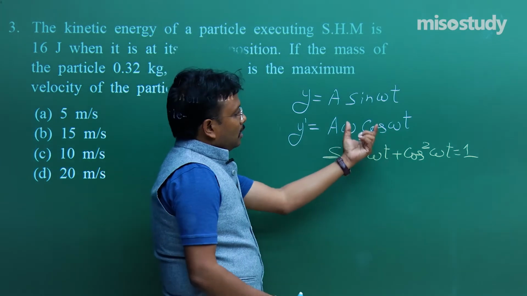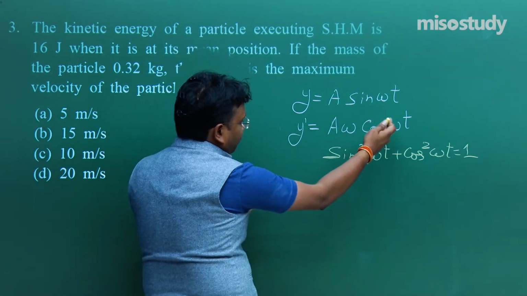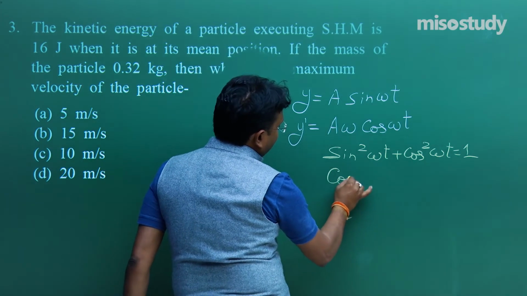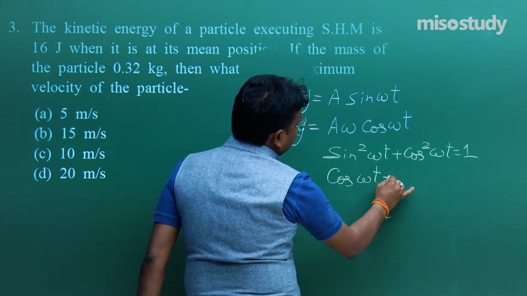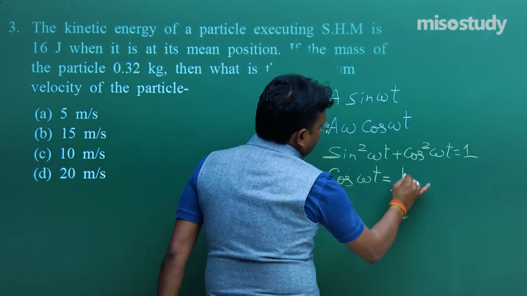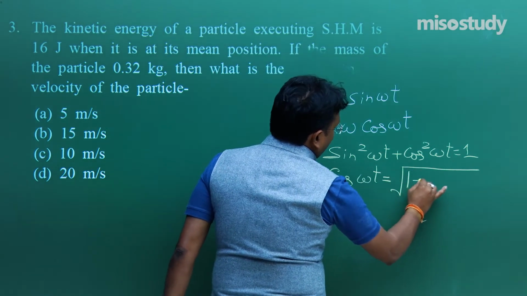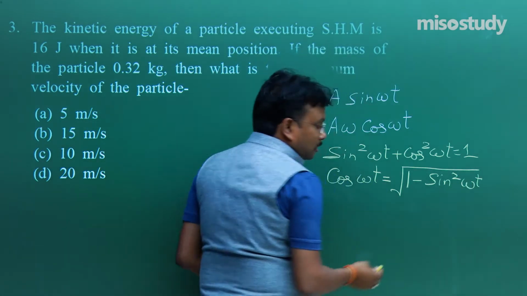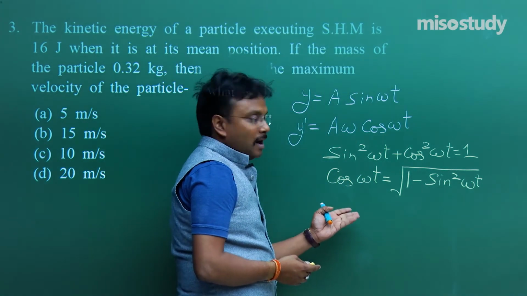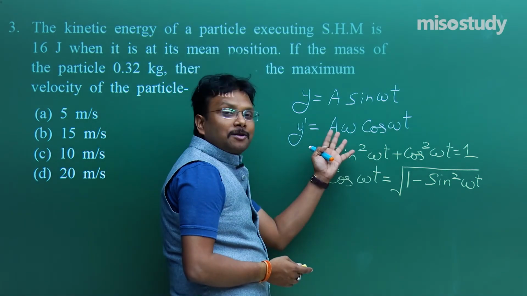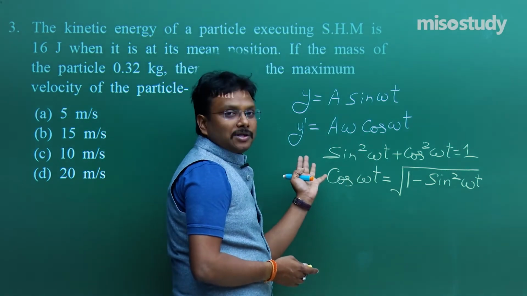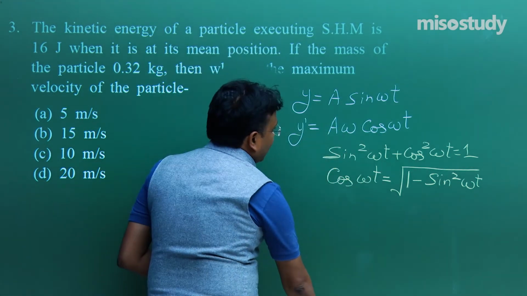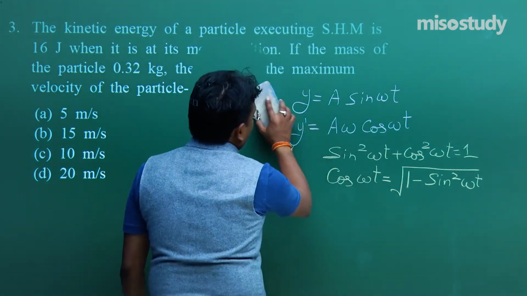If you want to write down something from here, then how can you write it? You can use this formula as cos omega t is equal to under root 1 minus sine square omega t. Simple. And the same type of expressions from the last two questions we are using, so just to show you that, I thought it's better to mention this result.